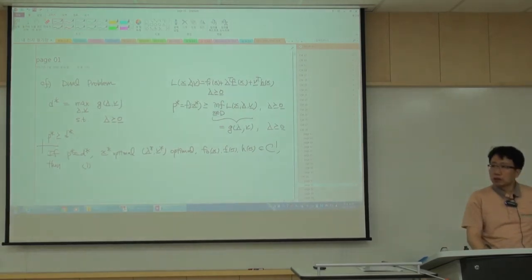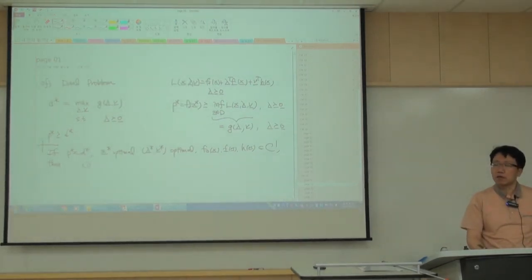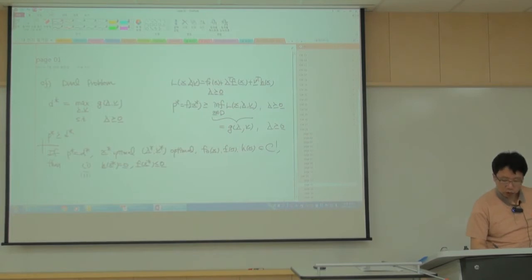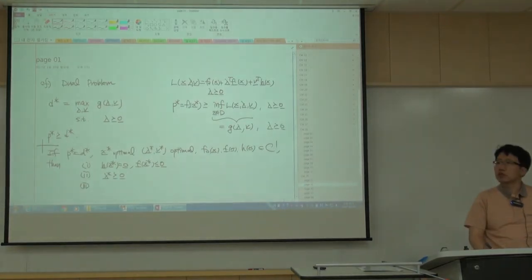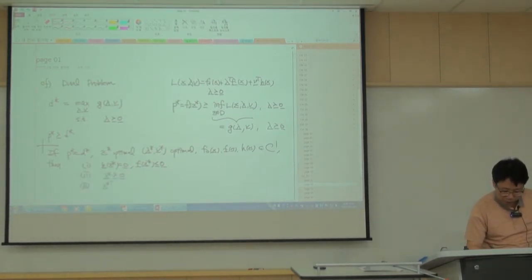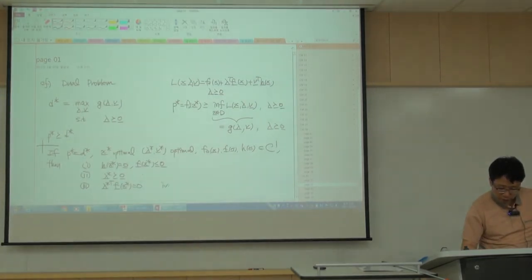First, x star satisfies primal feasibility. So h of x star equals 0 and f of x star is less than or equal to 0. Second, dual feasibility. So what? Lambda star is greater than or equal to 0. What was the third condition of the KKT conditions? Complementary slackness. So you have lambda star transpose f of x star equals 0. And what is the fourth condition?